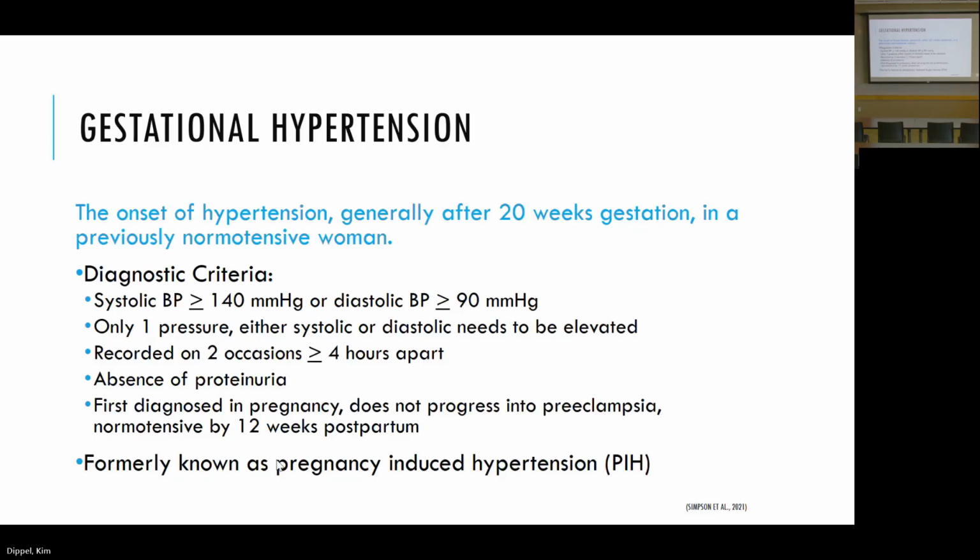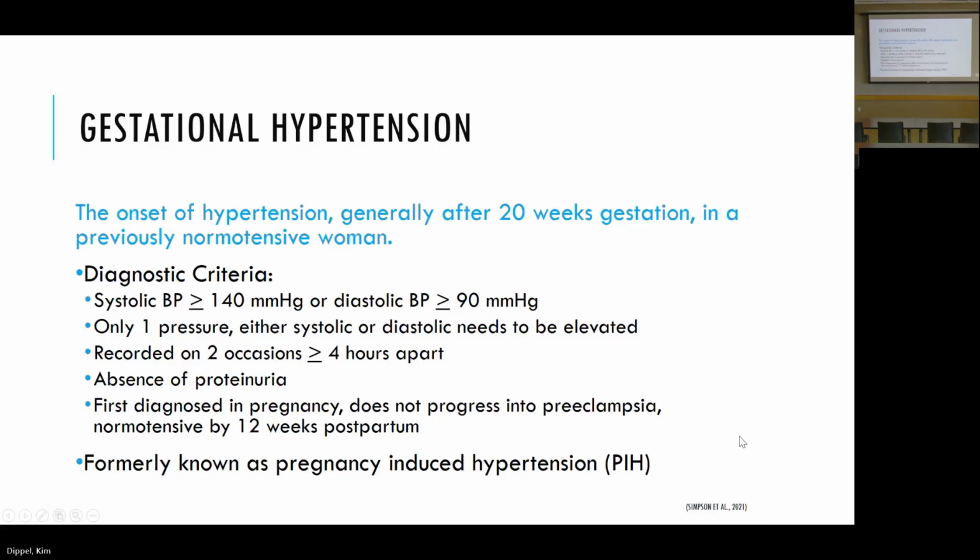Only one pressure, either systolic or diastolic, needs to be elevated. It is recorded on 2 occasions 4 hours apart. There is an absence of any kind of proteinuria or any kind of renal involvement. It's first diagnosed in pregnancy, and it does not progress into preeclampsia. That woman is normotensive by her 12-week postpartum visit.